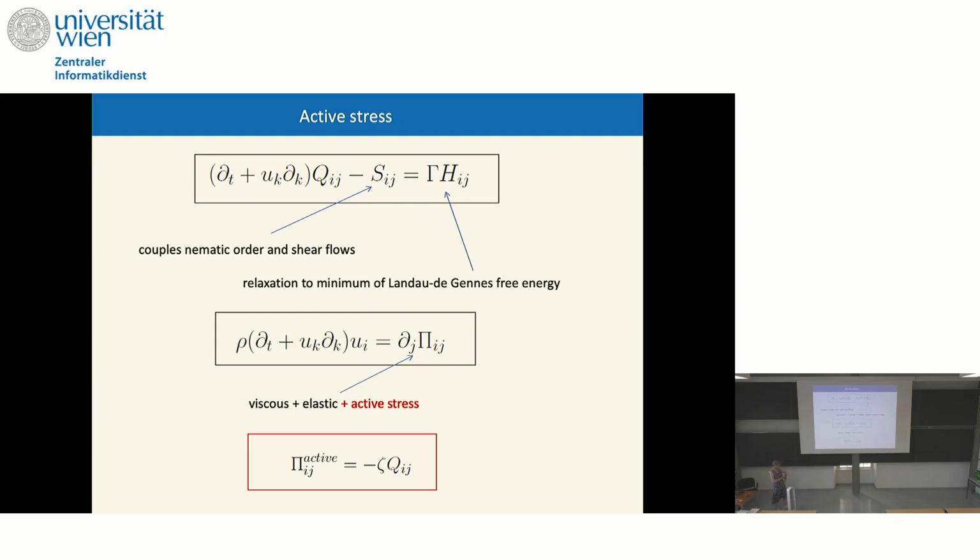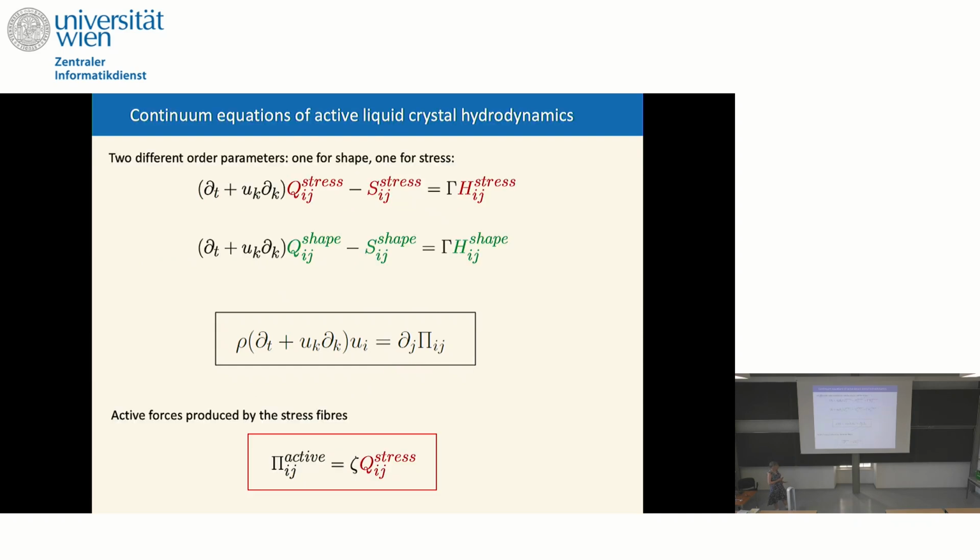Okay, so how would we take this bog standard theory and change it to reproduce the simulations? Well, the main thing is we need 2 order parameters, yeah? One which would be an order parameter for the shape nematic, which is allowed now to be different from the order parameter for the stress. So we've got 2 formulae, one for the stress and one for the shape.